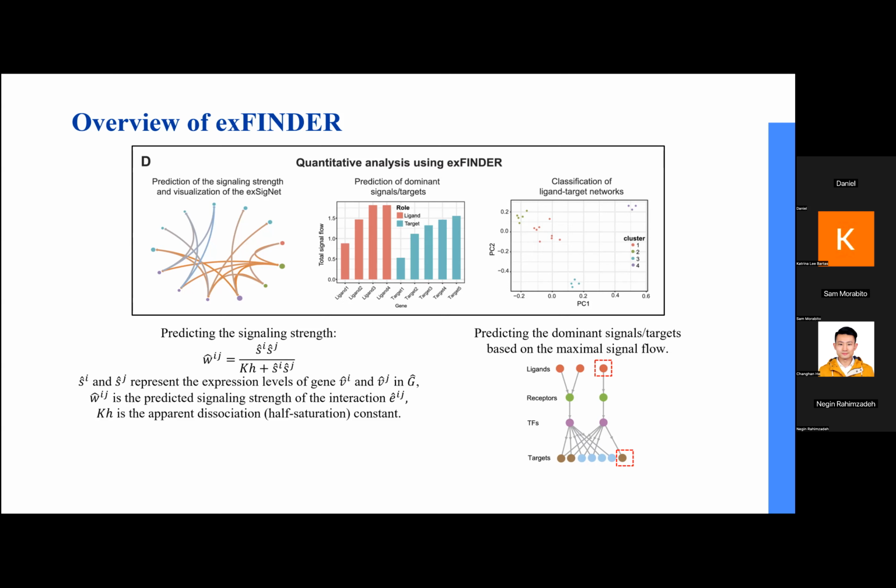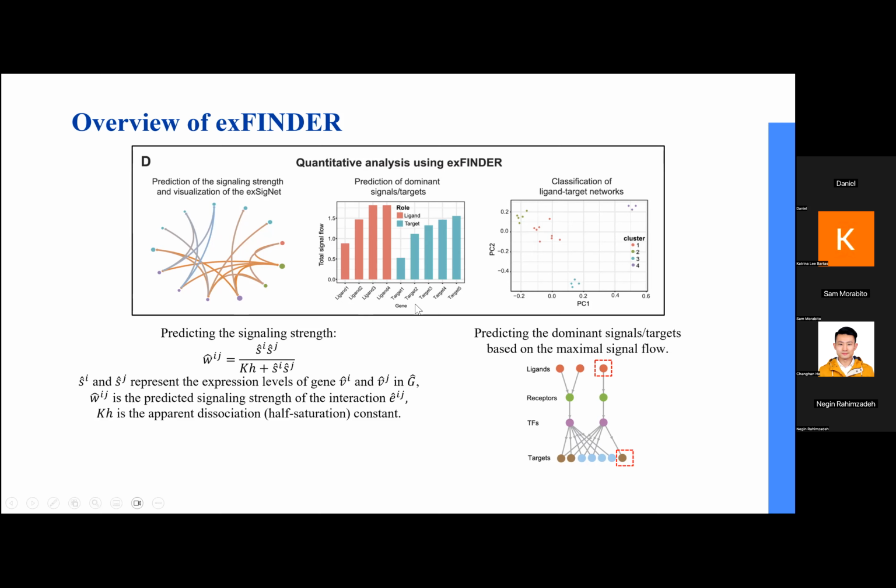So we use the mass action law, which is very basic, but reasonable, to predict the signaling strength for each interaction. Then in the left panel, we see these graphs. The graph shows the interactions, the size of the node shows the expression level of the gene, and the color of the edge shows the predicted signaling strength for the interaction.